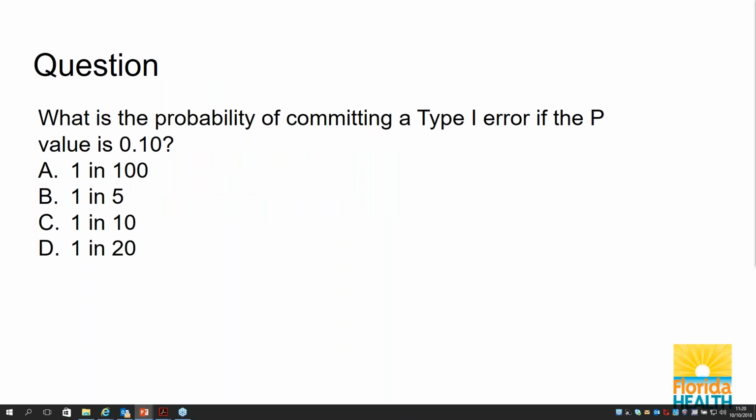All right, so we have a question here. What is the probability of committing a type 1 error if the p-value is 0.10? A, 1 in 100, B, 1 in 5, C, 1 in 10, D, 1 in 20.